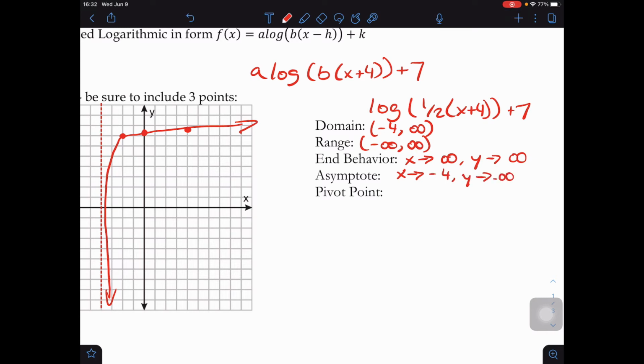So our asymptote will be at x equals -4, as we've already established.